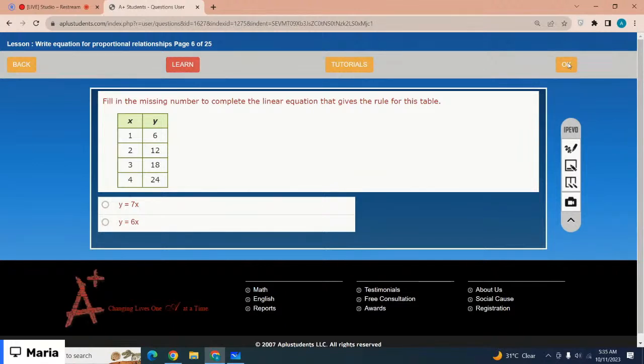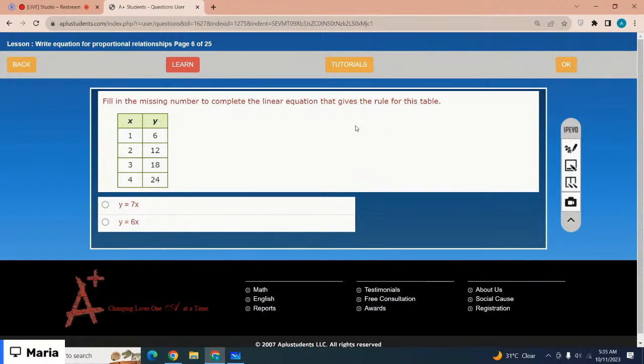Fill in the missing number to complete the linear equation, which is the correct option. Very good.